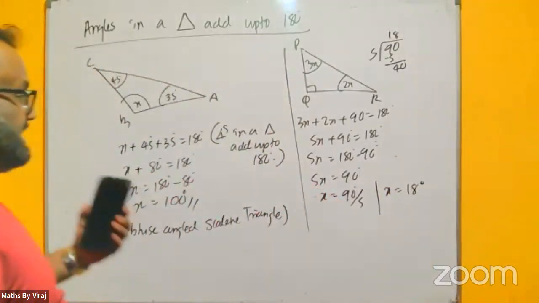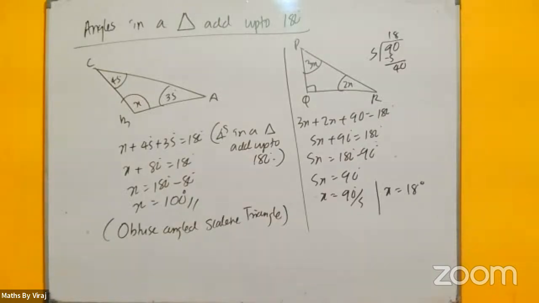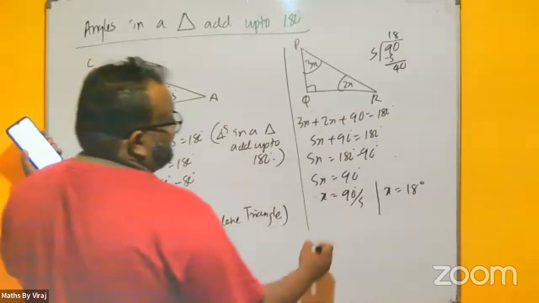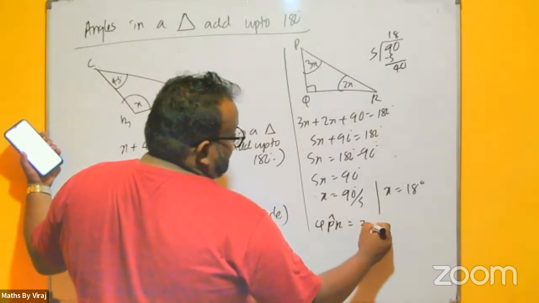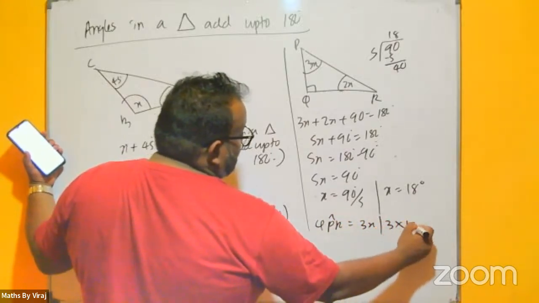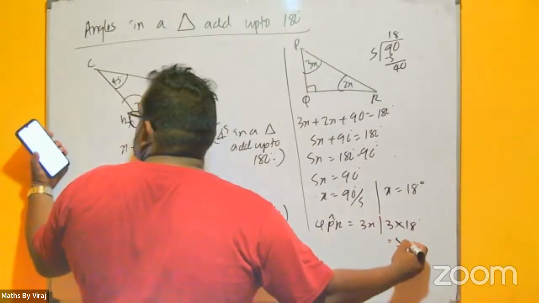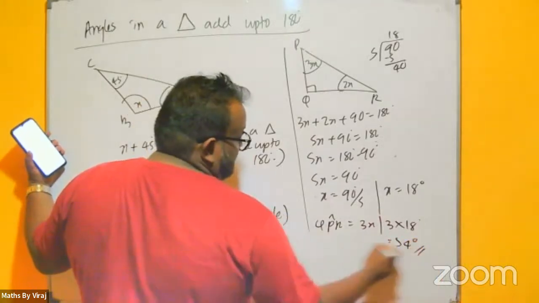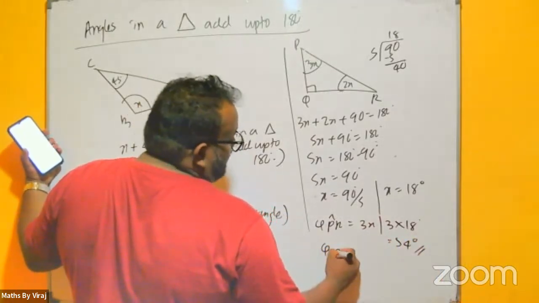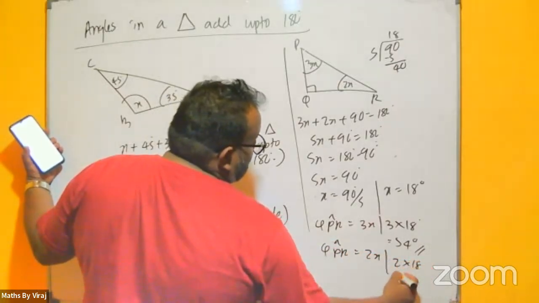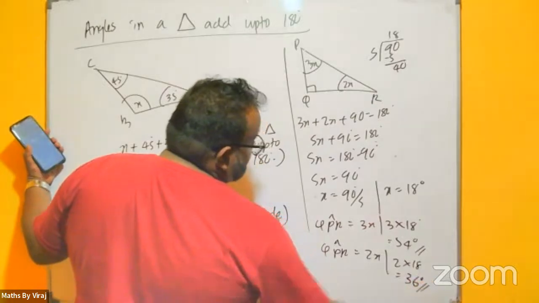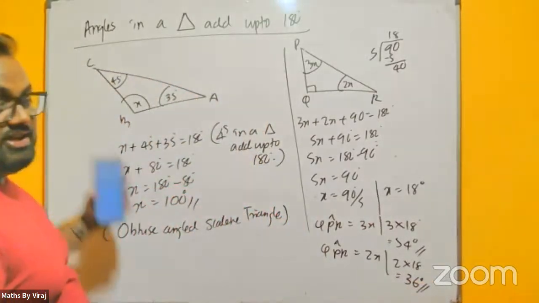If you leave the answer as such, it is an incomplete answer. So what should you write? Angle QPR is 3x, that is 3 into 18, which is 54 degrees. Angle QRP is 2x, 2 into 18, 36 degrees. Did I make myself clear, children?